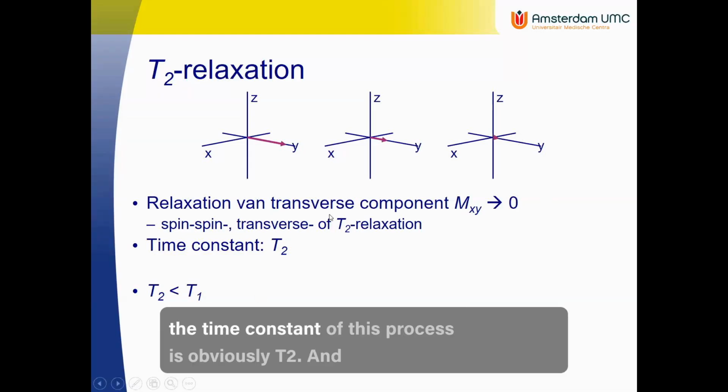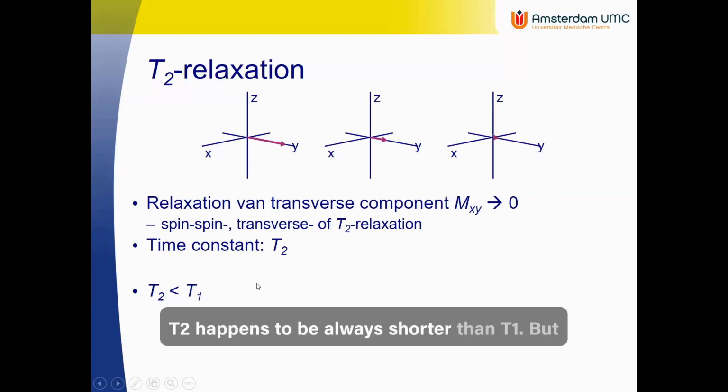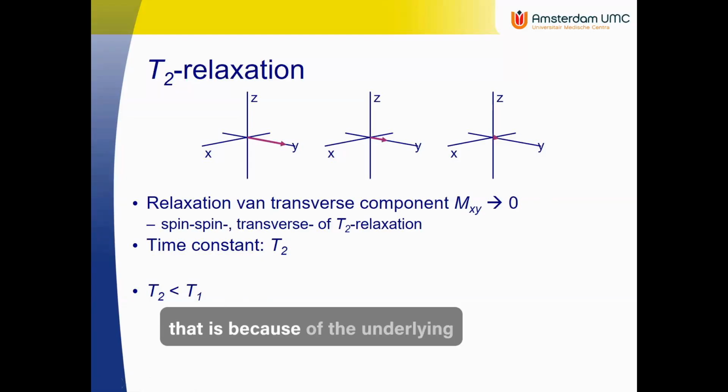The time constant of this process is T2, and T2 happens to be always shorter than T1. That is because of the underlying physics.